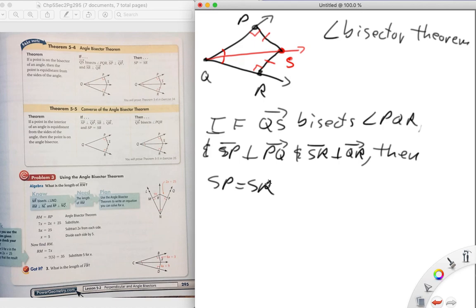Then we have the angle bisector theorem converse. And the converse does the opposite.